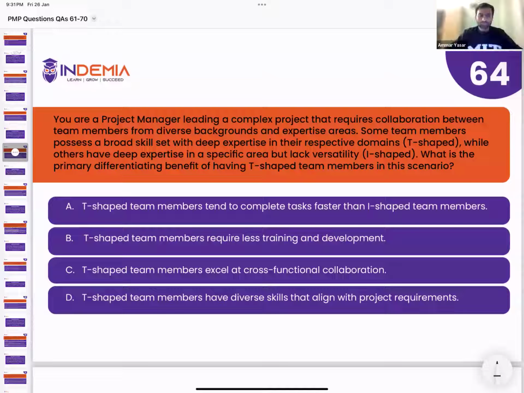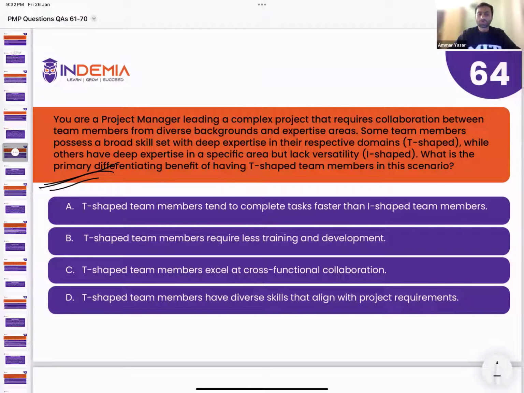All right, so you'll see in some questions this word primary, right? What's the primary differentiating factor? Although D is correct, T-shaped members have diverse skill set, but that's not the primary differentiating factor. The primary differentiating factor is that T-shaped individuals are good at cross-functional collaboration. And if you recall, I told you the value of having in-depth skill set and the value of having breadth of skill set.